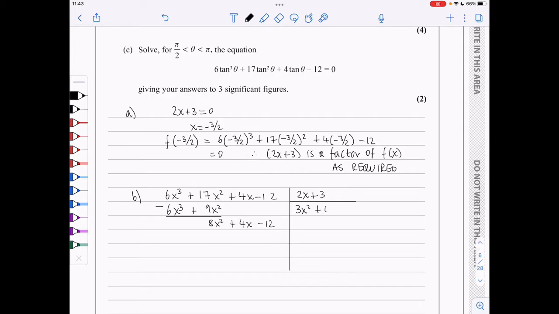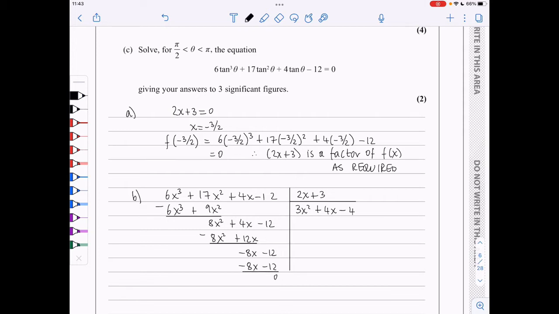So I've got plus 4x here. 8x squared plus 12x. I deduct once more. I get minus 8x minus 12. So I need a minus 4 here to give me minus 8x minus 12.